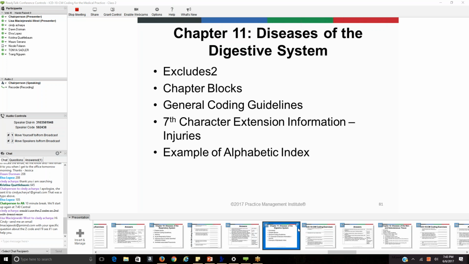But those really are more for Chapter 19 for those types of S codes. So we just have to remember that there are codes for abdominal disorders in other chapters besides Chapter 11, specifically in Chapter 19, when the abdominal disorder is due to trauma or due to an accident.